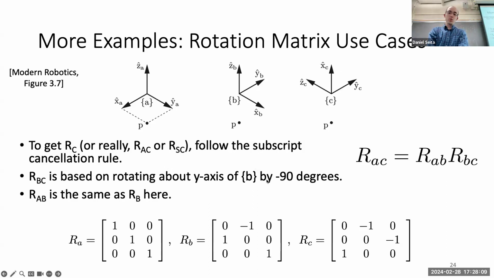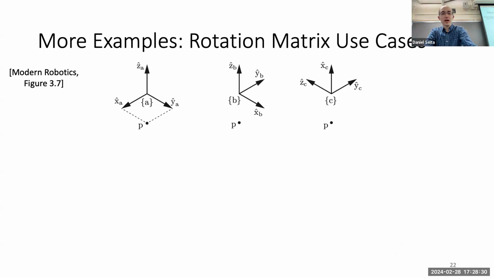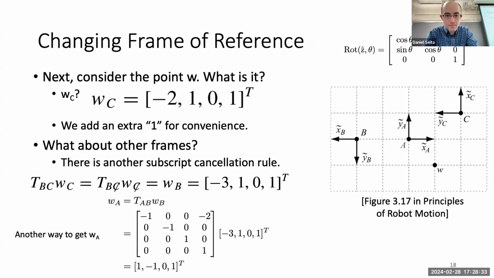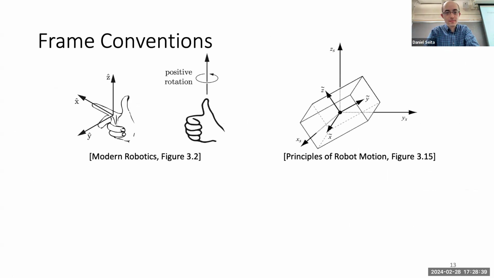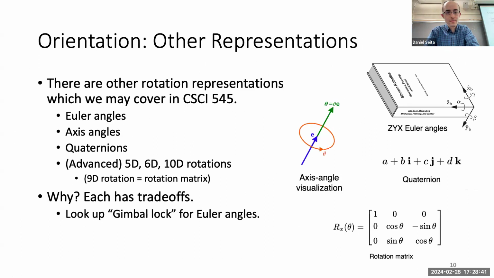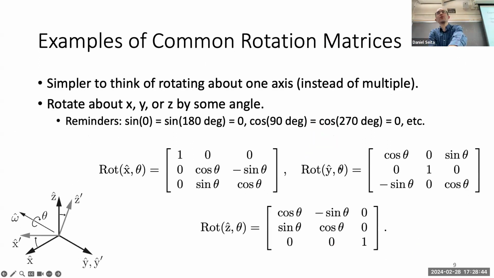Then you can get this rotation matrix. If you remember, this is the formula. Actually, I have it on a previous slide. You have to remember the formula for rotating about some axes, so we covered that here. There we go. You have to use the formula for rotating about the y-axis.